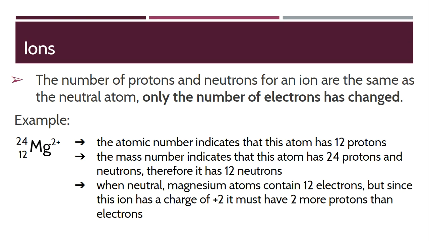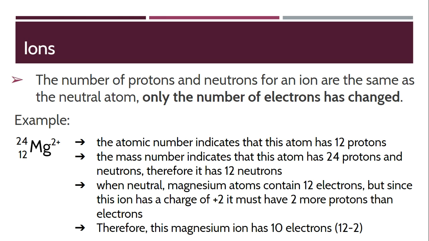So when a magnesium atom is neutral, it's going to have 12 electrons, same number as protons. But in this case, it has a charge of plus 2, positive 2. So it must have 2 more protons than electrons, which means it has lost 2 electrons and now has 10. So this magnesium ion has 10 electrons.